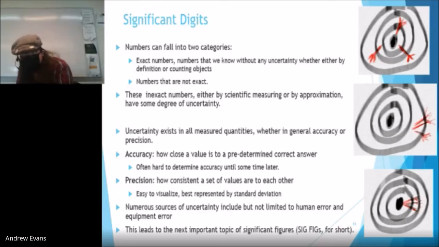So, this is going to lead to what's called uncertainty. That's going to exist in almost all measured quantities. It could be uncertainty in whether a number is accurate, or uncertainty whether a number is precise. When I talk about accuracy, it's how close a value is to the correct answer.